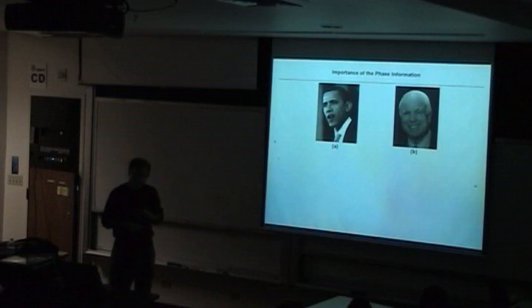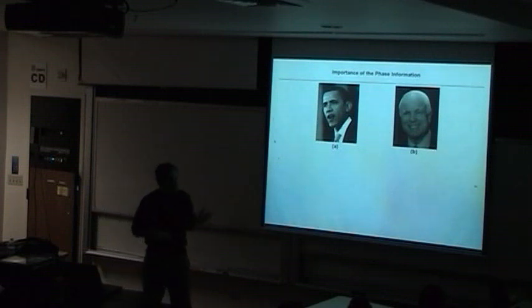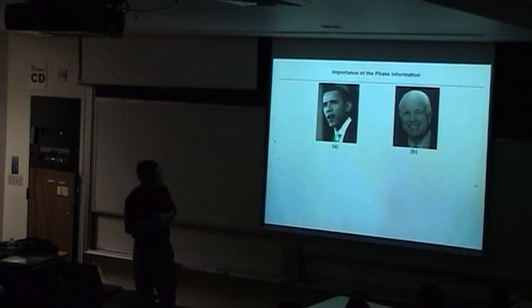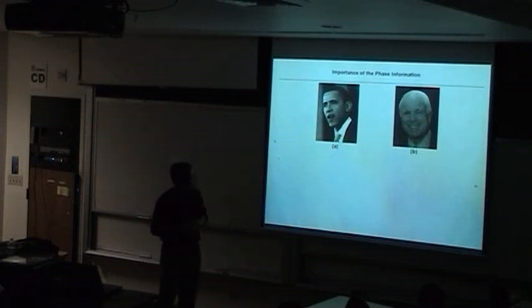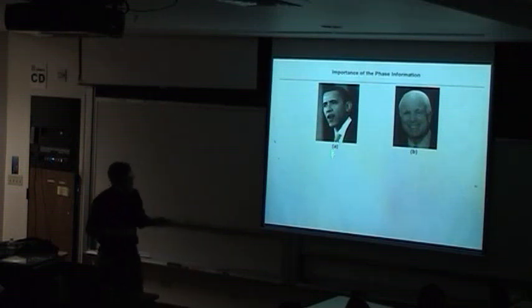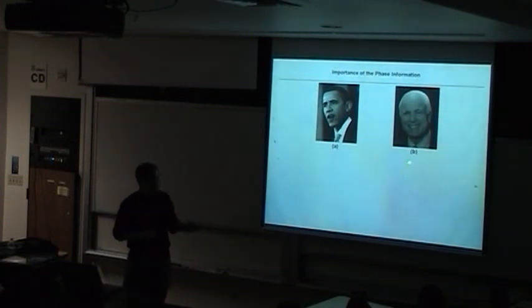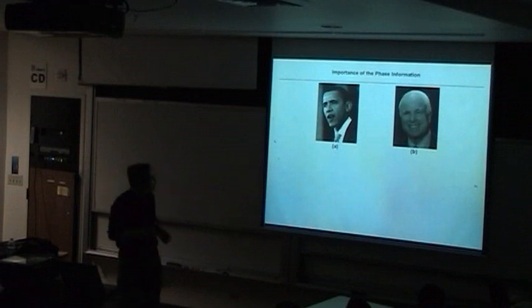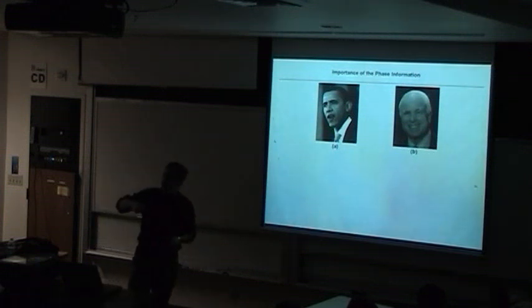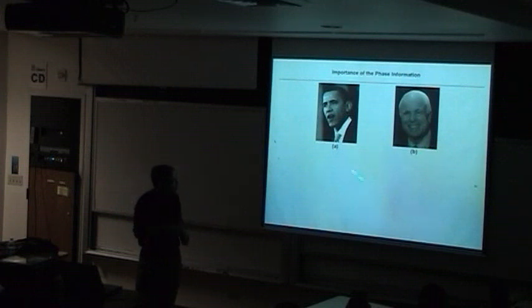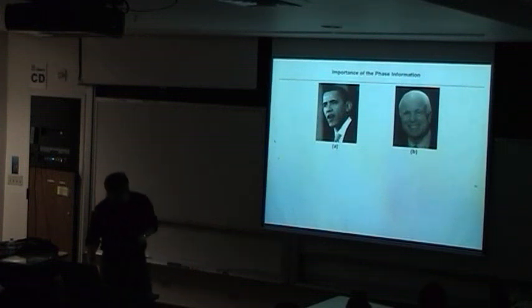That was done by my student Sela Saha just last year, before the election. Everybody knows this man and also this man. She did a Fourier transform of this one to get a magnitude and phase, and a Fourier transform of this one to get a magnitude and phase. Then she combined the magnitude of Obama with the phase of McCain and did the inverse Fourier transform, and the magnitude of McCain with the phase of Obama and did the inverse Fourier transform.